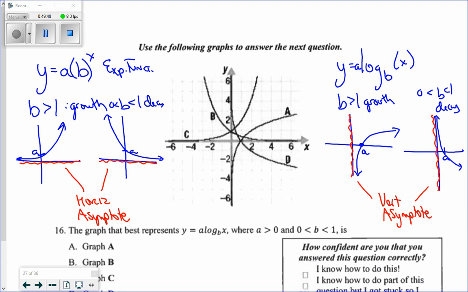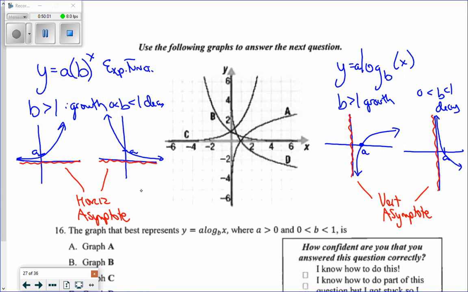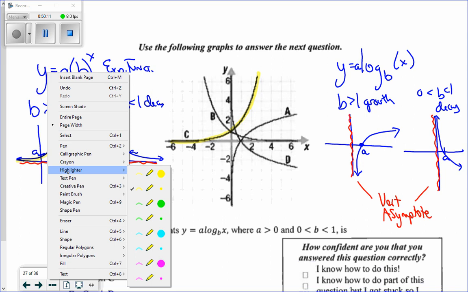So you can see here that this thing's got 4 graphs. It's got 4 colors. So C is this one. C is exponential growth. Okay. Asymptote, yeah.